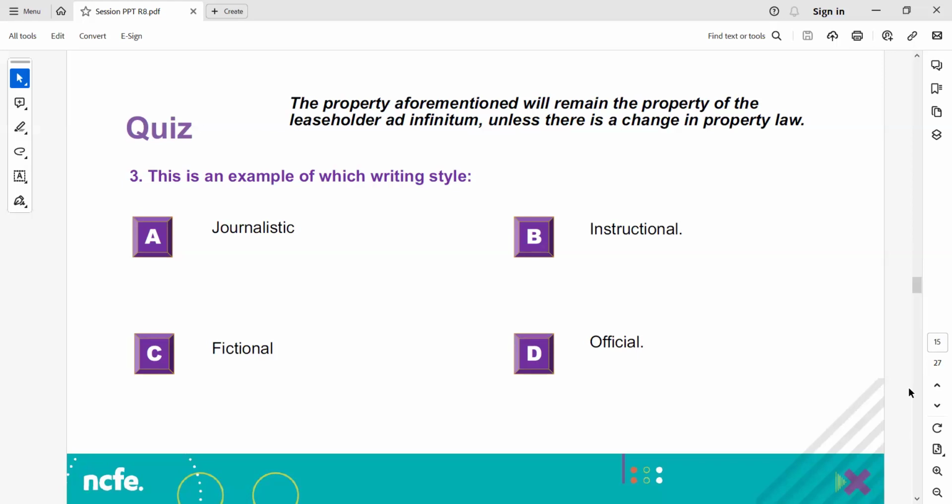Because it's more like a law. Can you tell us any of the language that you wouldn't normally see in a newspaper report? We've got that archaic language, ad infinitum, the Latin that's often found in legal documents.